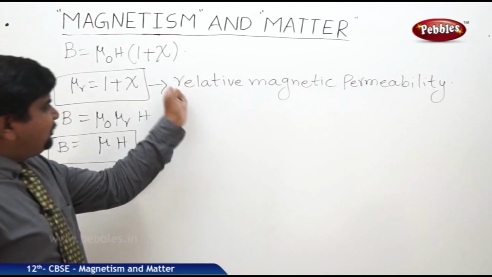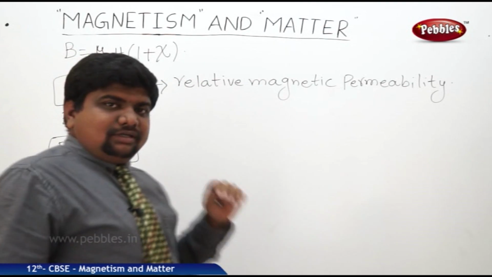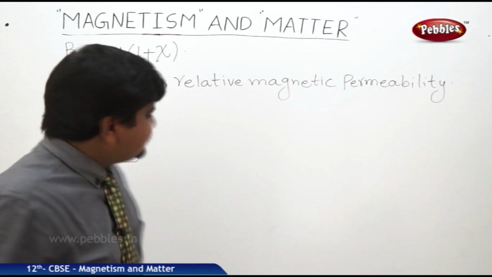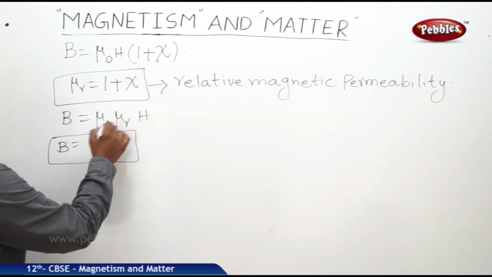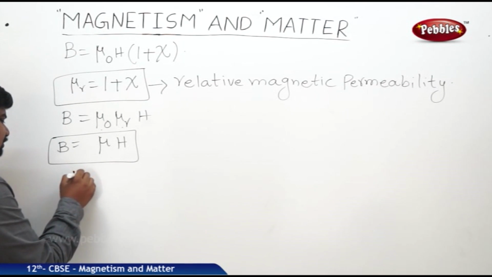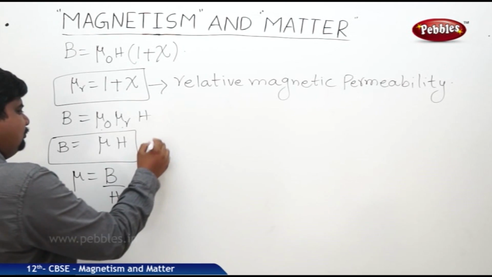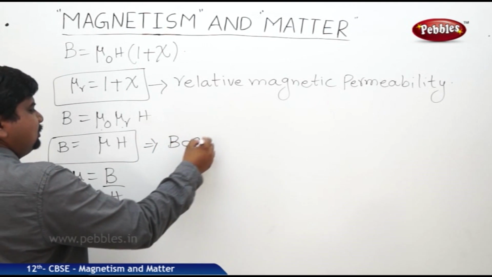This relative magnetic permeability value really gives the explanation of the different magnetic materials. So mu naught into mu R into H, we wrote B is equal to mu H. Therefore mu is equal to B by H, and B is proportional to H also.